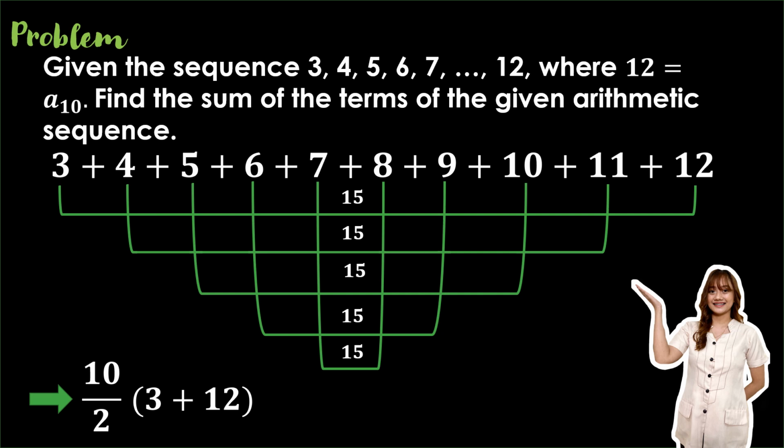Now we have an equation, 10 divided by 2 times the quantity 3 plus 12. 10 divided by 2 gives us 5, and 3 plus 12 gives us 15. If we multiply 5 and 15, we get 75. Now the sum of the terms of the given arithmetic sequence is 75.